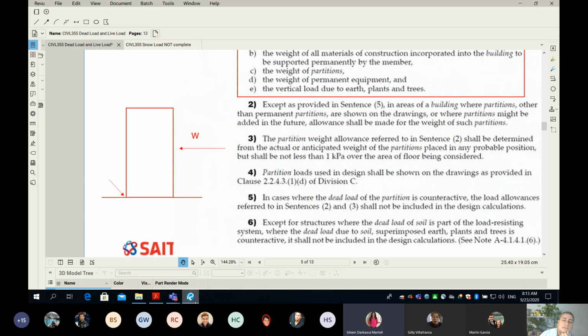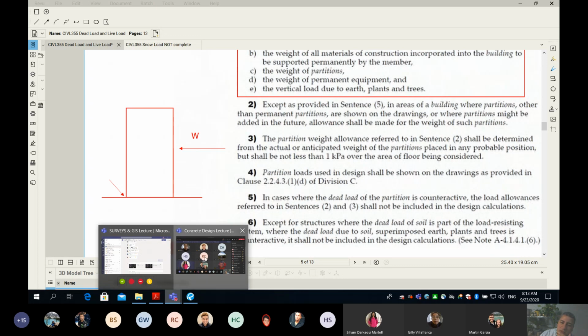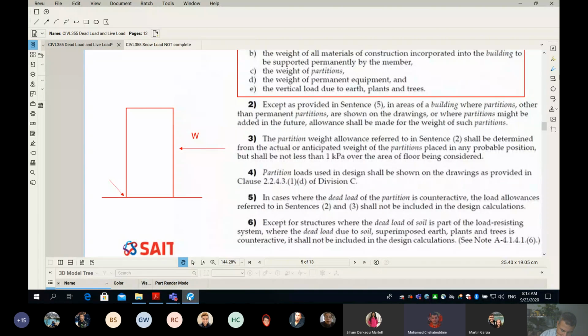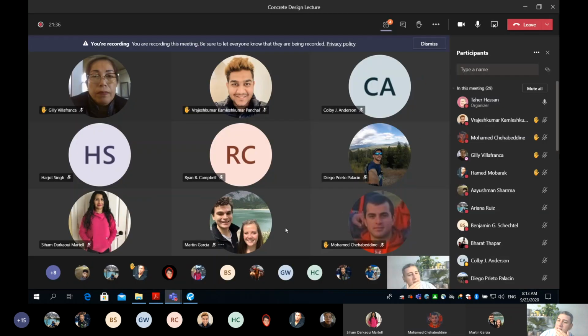It's not just floating on top. Okay, next, Muhammad. Would we need some type of moment connections there to stop the rotation? So maybe it's fixed down there. Okay, thank you.